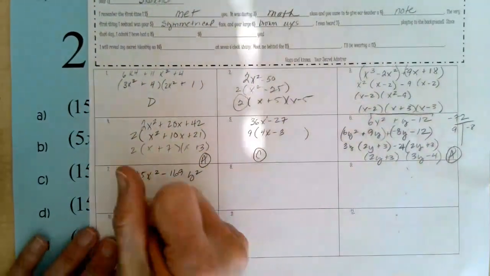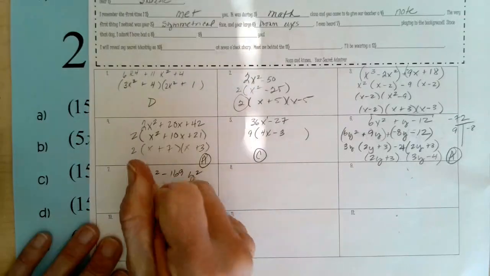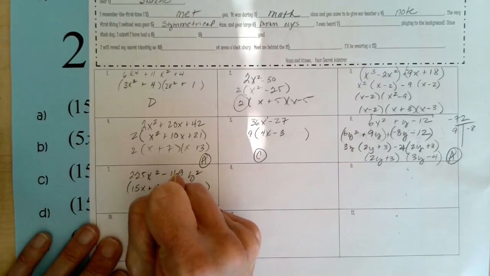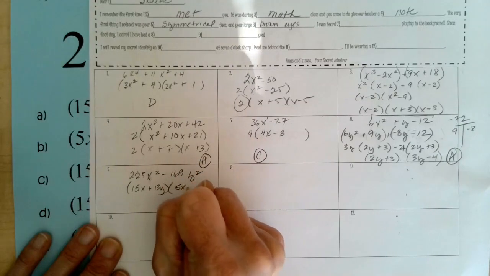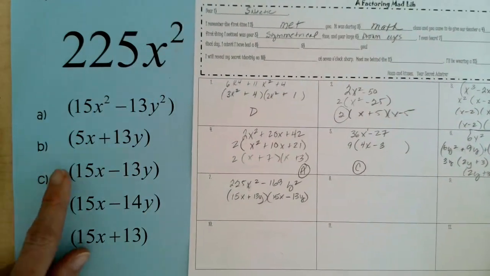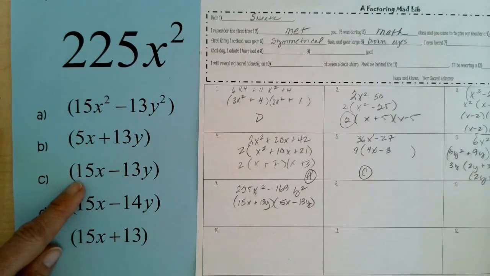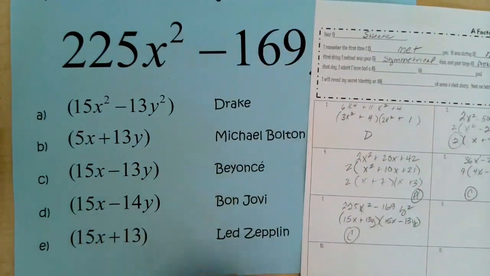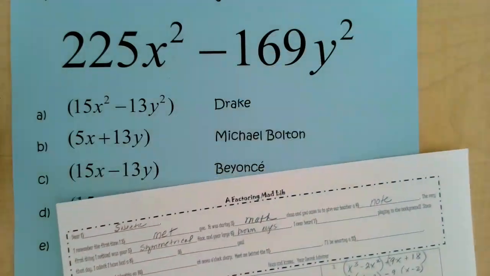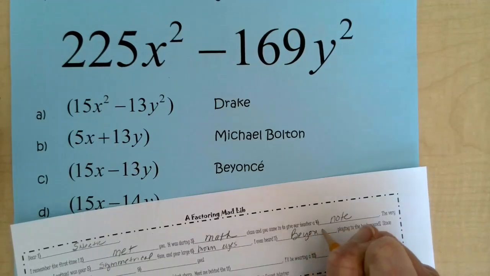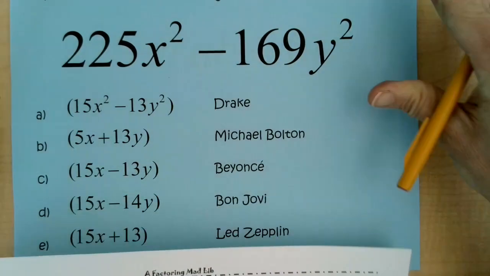So I know right away this is 15x plus 13y and 15x minus 13y. So it looks like it's choice C.